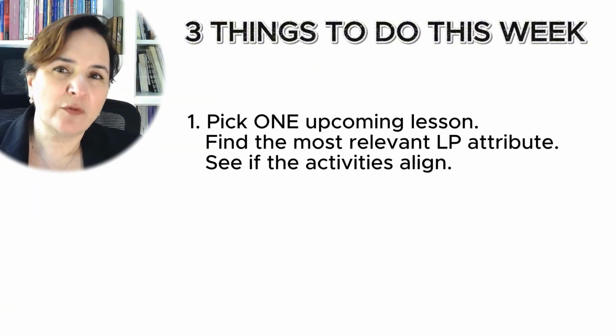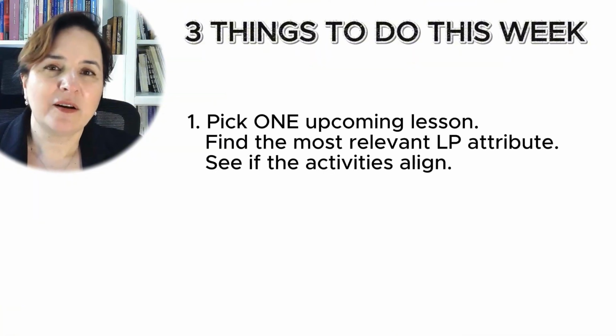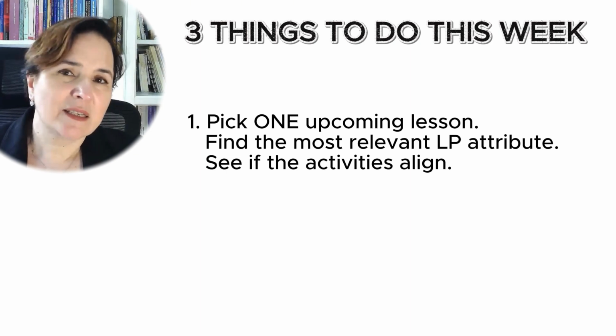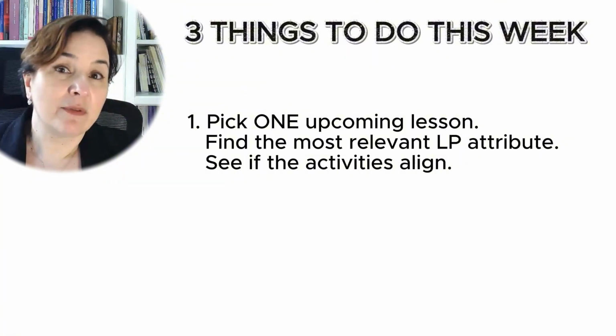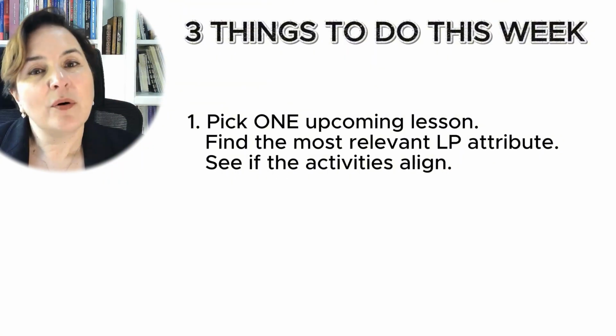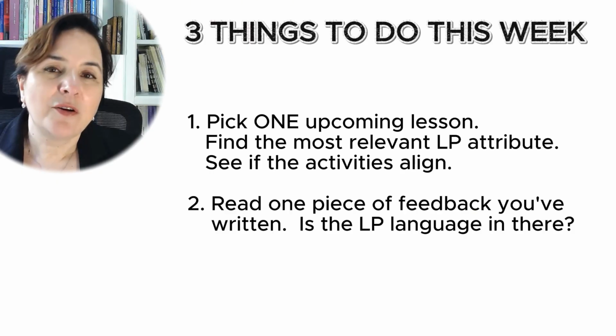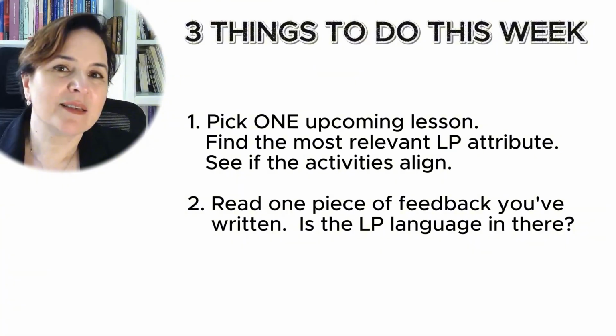Look at one of your next lessons. Find the learner profile attribute that is most relevant for your core task. Check the task structure and whether it really aligns with the attribute that you've chosen. Now, look at one piece of written feedback that you've given. Are you using the language of that attribute?